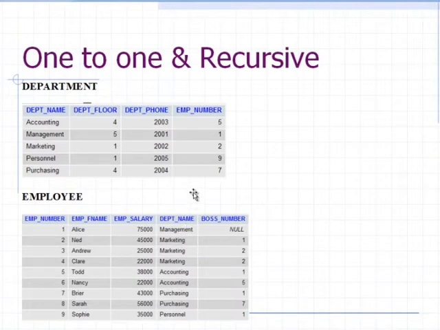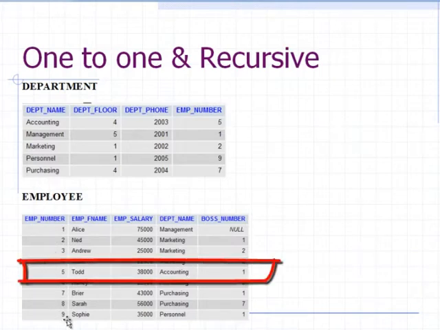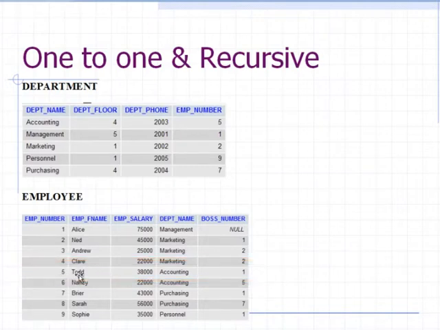For example, if it's the accounting department, who is the manager? Employee number 5. So I have number 5. Then, using this foreign key 5, go to the employee table and look at the employee number column, and where is the 5? 1, 2, 3, 4, 5 here. What is this employee's name? Todd. So in the accounting department, Todd is managing.